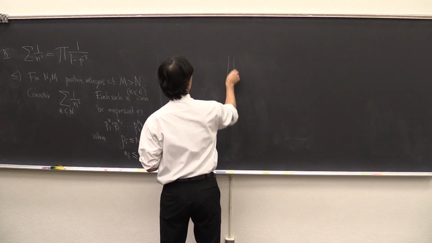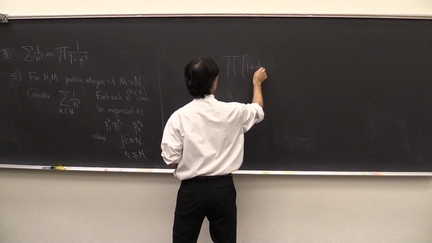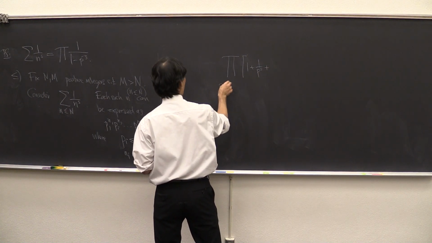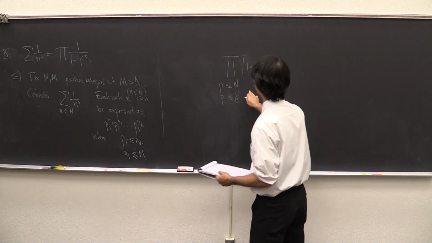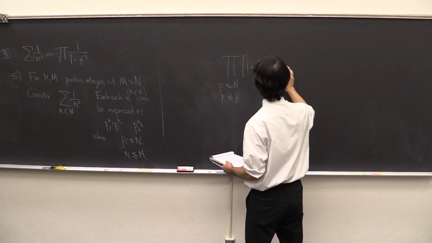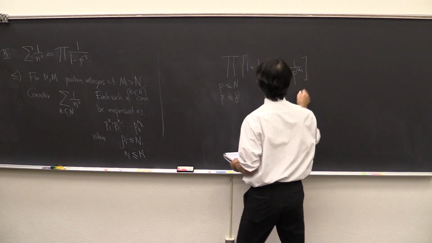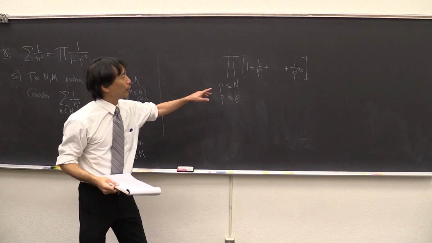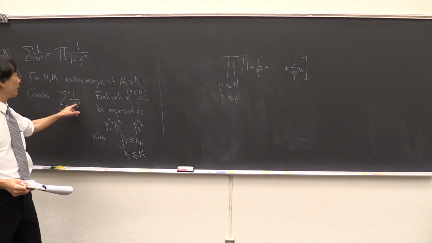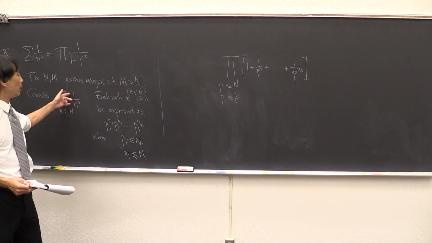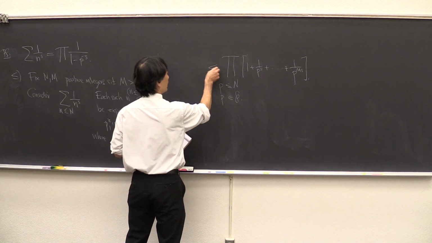So if we consider this product of the form 1 over p to the s, for primes p less than or equal to N, if we look at this finite product, then that will give us all of these terms for n less than or equal to N, and more.